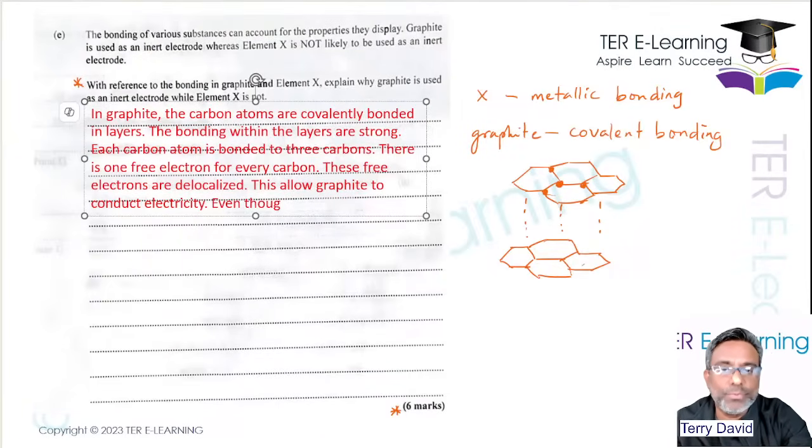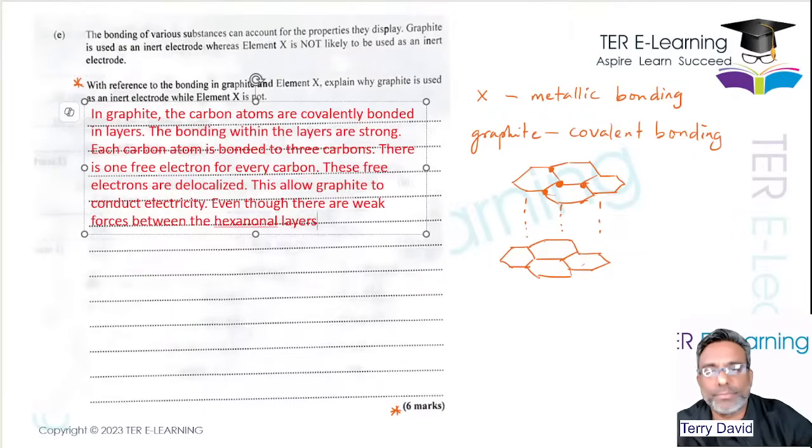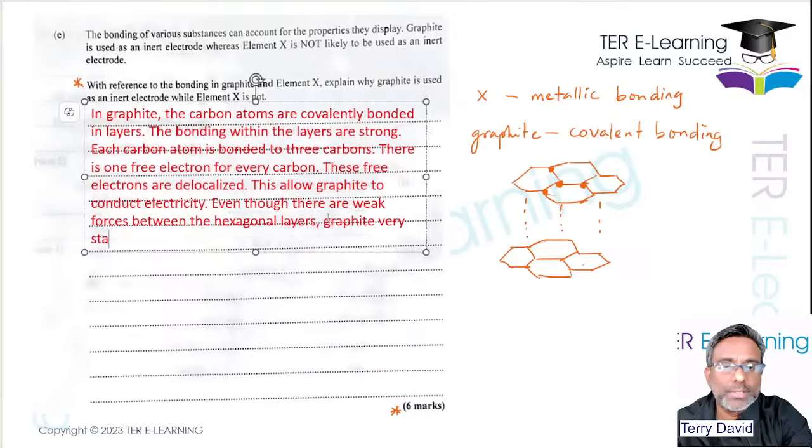Now, even though there are weak forces between the hexagonal layers, graphite is very stable and unreactive.